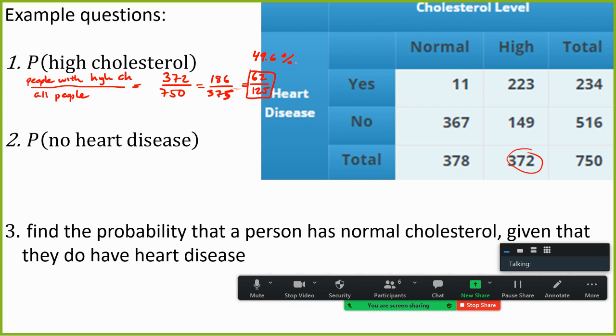Okay, another simple one for number 2. Probability that you pick one person and there's no heart disease. So total no heart disease is 516 out of 750. 516, try dividing by 4. That did not work for 750, so we'll have to cut them in half.